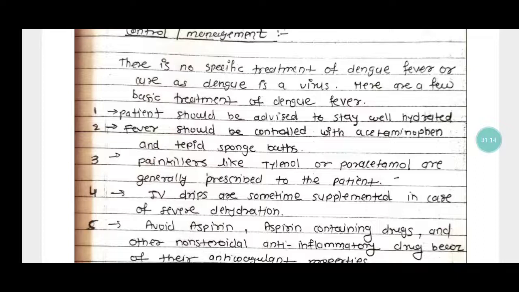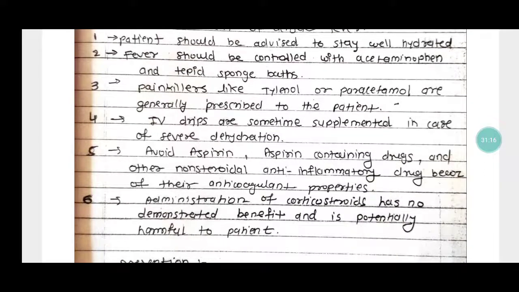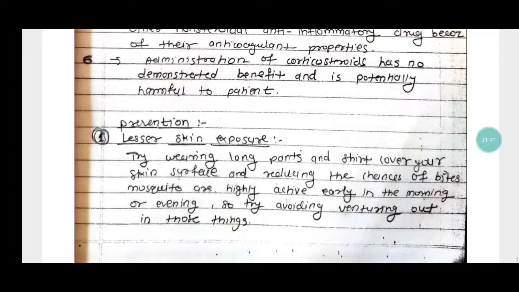IV drips are sometimes supplemented in case of severe dehydration. Avoid aspirin-containing drugs and other non-steroidal anti-inflammatory drugs because of their anticoagulant property. Even the administration of corticosteroids has no demonstrated benefit and is potentially harmful to the patient.